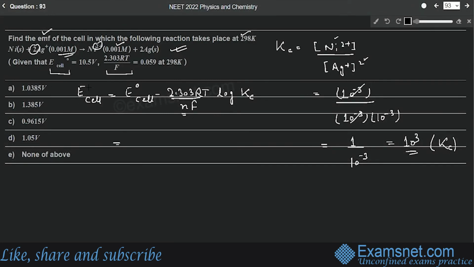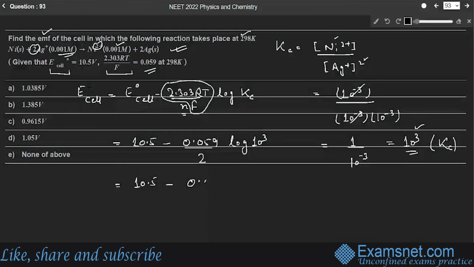Okay, so E naught cell is given as 10.5 volt minus 2.303 RT by F. This value is also given in the question, 0.059. Okay, so 0.059 divided by N, that means 2. Okay, log Kc we also know right now, so that is 10 to the power 3. Now, if we divide 0.059 by 2, we'll get 0.0295, and log 10 to the power 3 means 3.